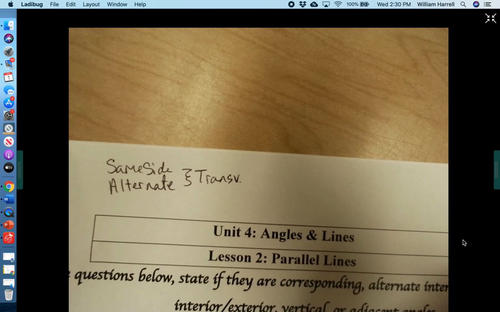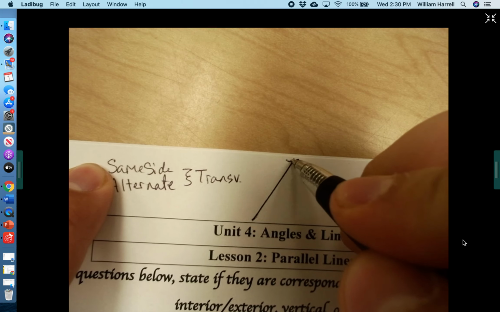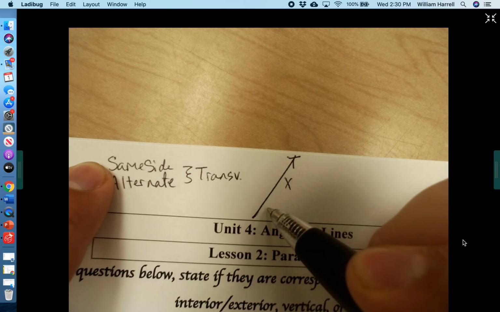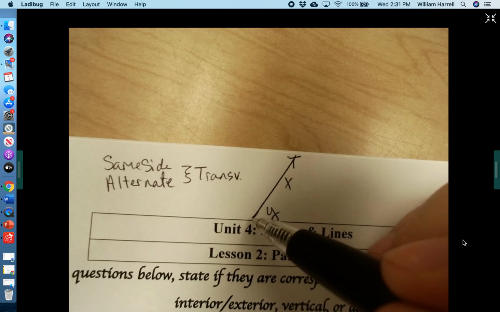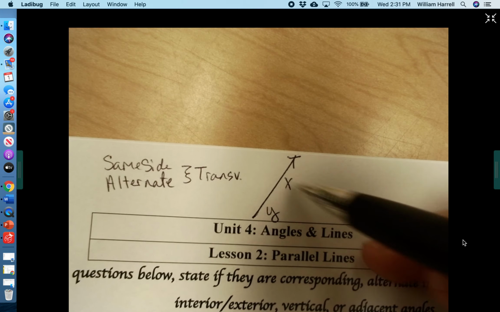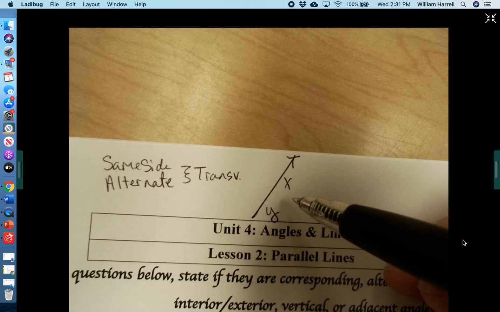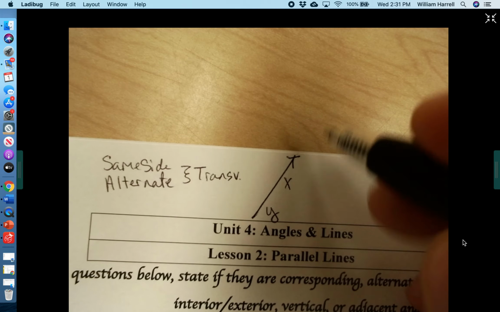Okay. Same side simply means, if this is my transversal, and again I'm going to label it a T, if I have an angle X and Y on the same side of the transversal, again, if you look here, I don't have parallel lines. Don't worry about the parallel lines. Are they on the same side of the transversal? If they are, then it's the same side.